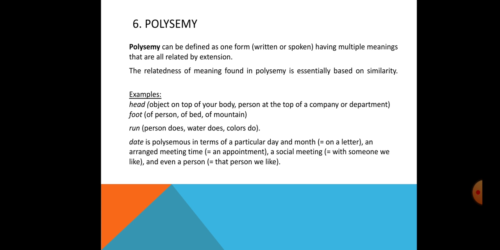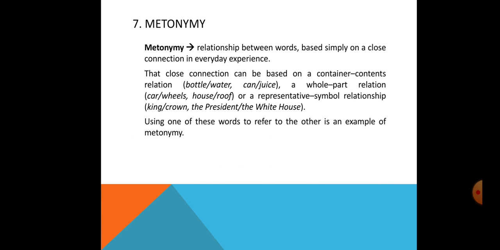Poly artinya banyak ya. And then you have metonymy. Metonymy is the relationship between words based simply on a close connection in everyday experience. That close connection can be based on a container-contents relation, for example, butter and water, can and juice, or a whole-part relation, for example, car and wheels, house and roof, or a representative symbol relationship, for example, king and crown, the president and the White House.